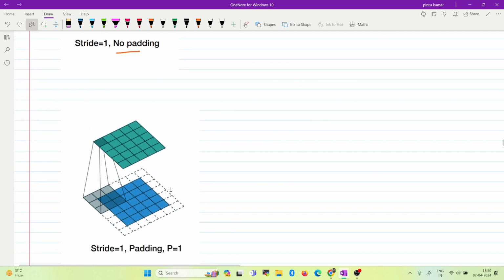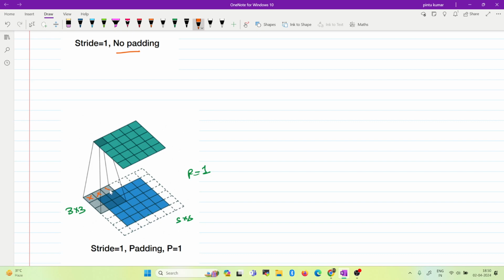Now we have included some padding also. So this is a padding of size 1, and the filter remains the same size, 3 cross 3. Your image now is 5 cross 5. The earlier image was 4 cross 4, and this new image is 5 cross 5. Let's see at what points we can calculate the values.